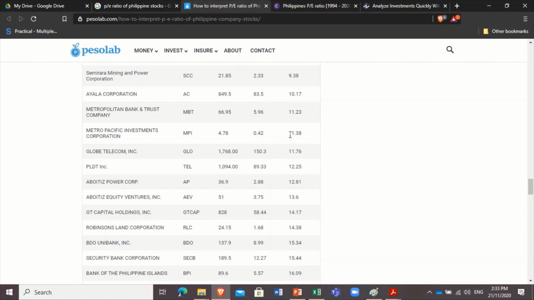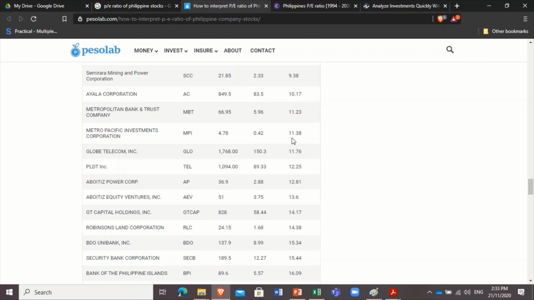Pero tingnan nyo gano'ng ka-close yung price to earnings ratio ng Metro Pacific. 11.38 versus 11.76. Halos magkalapit lang. You are willing to shell out 11.38 to get a 1 peso earnings of Metro Pacific Investment Corporation? You be the judge. Dun ka ba sa 0.42 o dun sa 150.3?